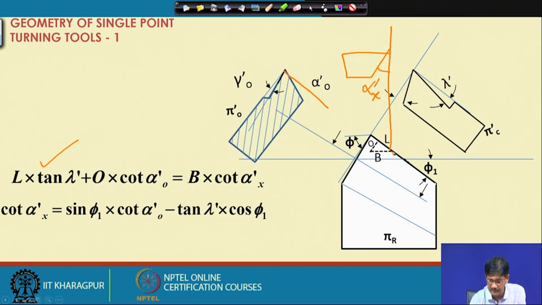What extra movement are we executing here? This must be equal to B cot alpha x dash. Do we have it correctly here?